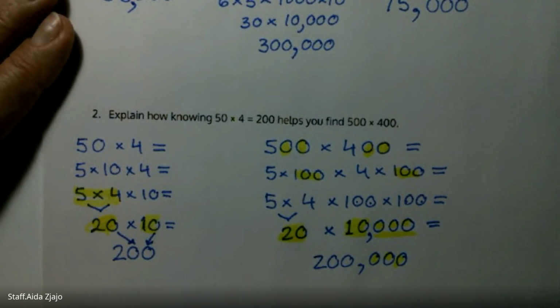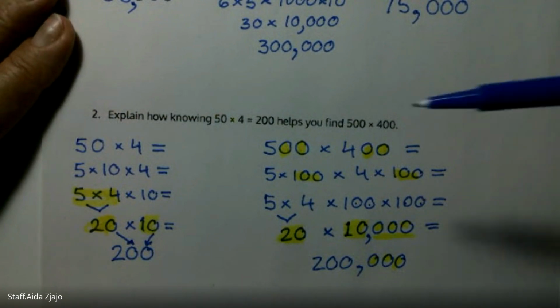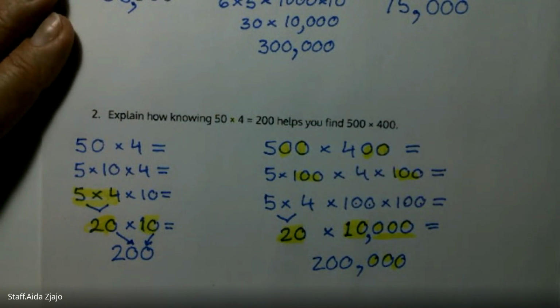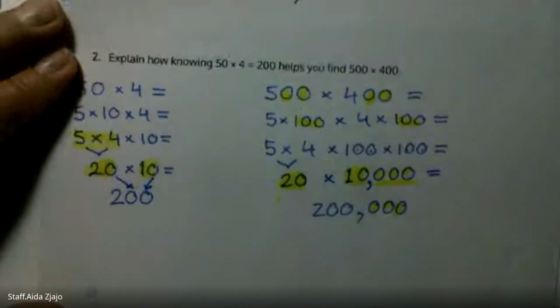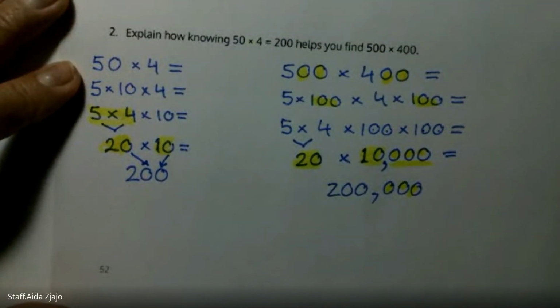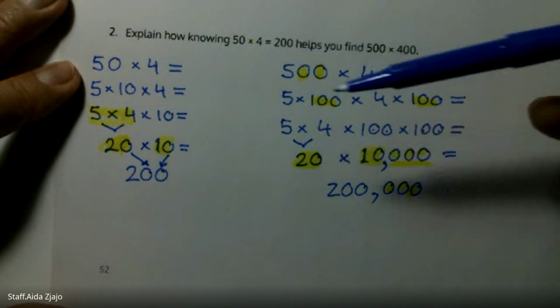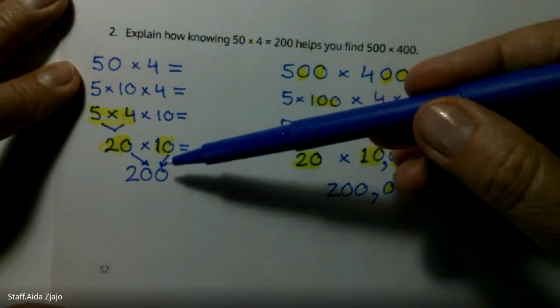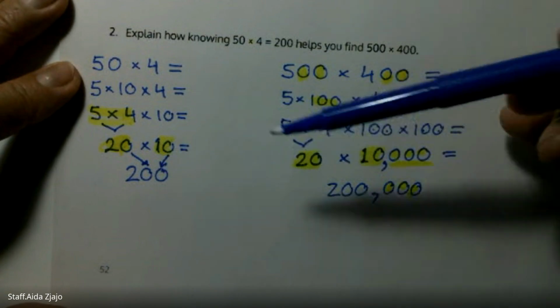So in the multiplication, the digits are the same, 5 and 4, and a multiple of tens. And we can also see, this is good additional work, how many times is 200 greater than 200?